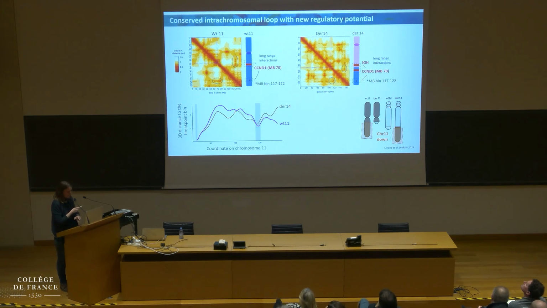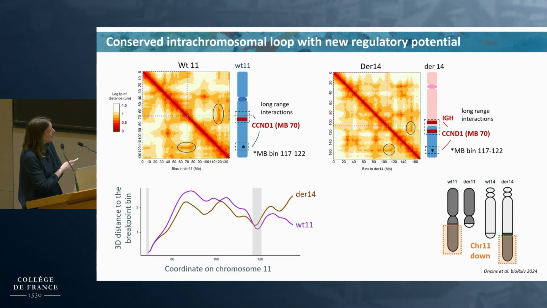So if you plot this data in a different way, so this is exactly the same data, but in a different plot, you basically can see that if we plot here the linear distance from the breakpoint, and this is the 3D distance from the breakpoint, you can see that they go hand in hand, so the further away you go linearly, the further away you go in 3D space.